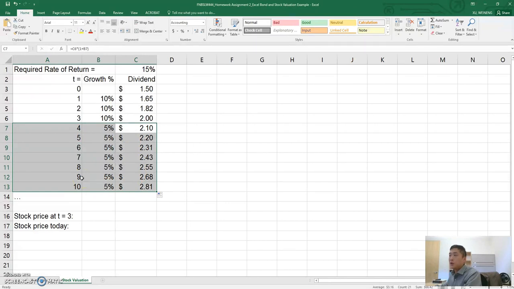However, we need to pay close attention to the timing, also to the time point at which we are trying to value the sequence of cash flow. Note that for the constant dividend growth model, we are trying to value a cash flow that will occur in the future.